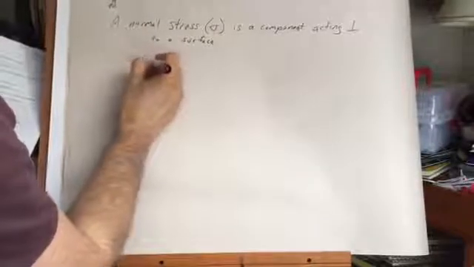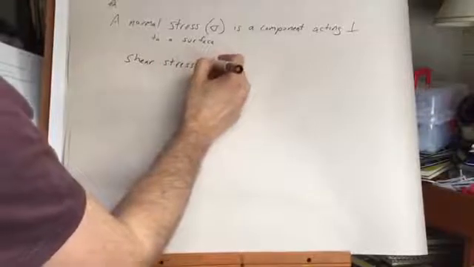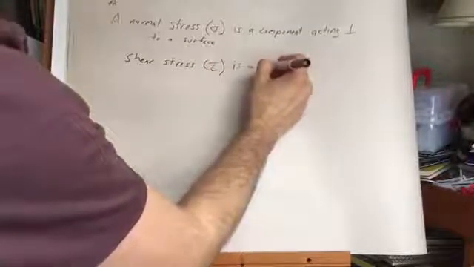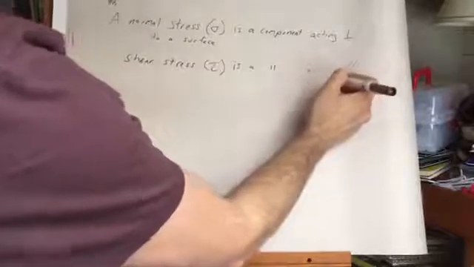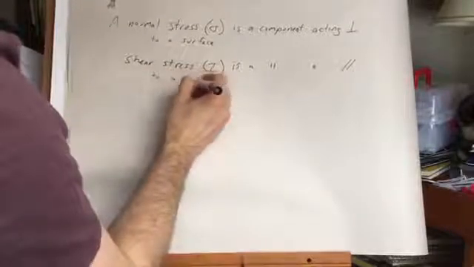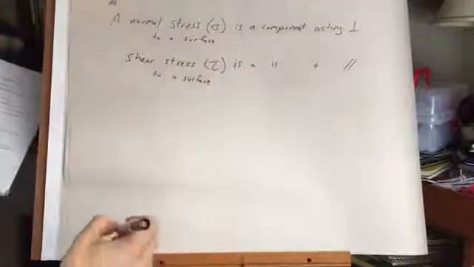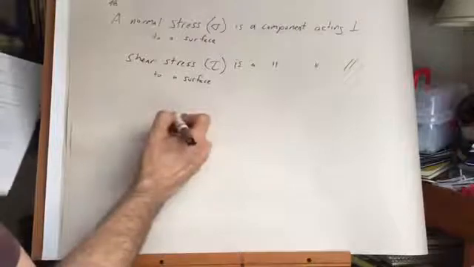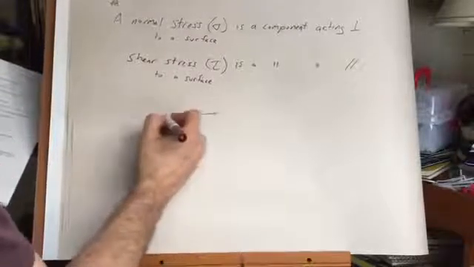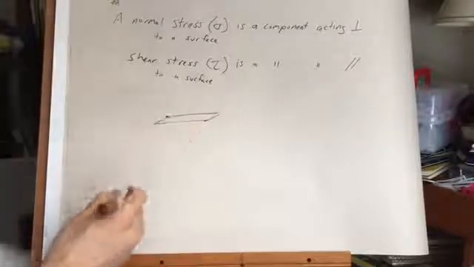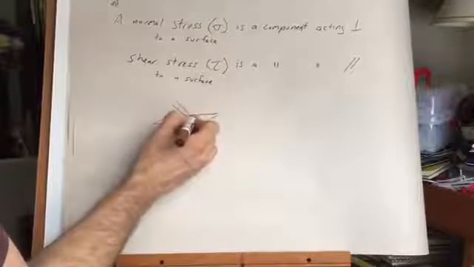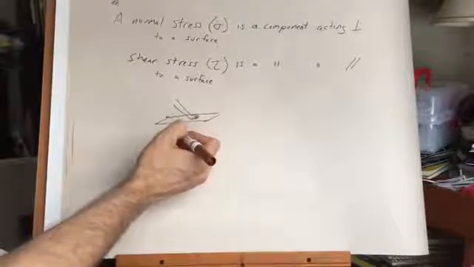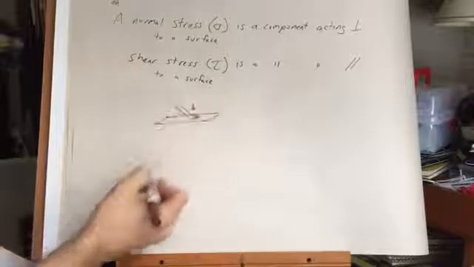And a shear stress, tau, is a component acting parallel to a surface. So we could think about this as, basically, if I had a table surface here, and I could rest my hand on it, some of the stress that this table surface feels is going to be the amount I'm pushing down on the surface.